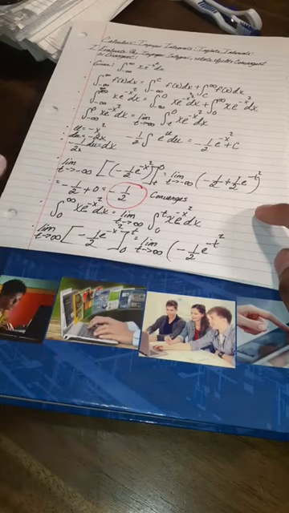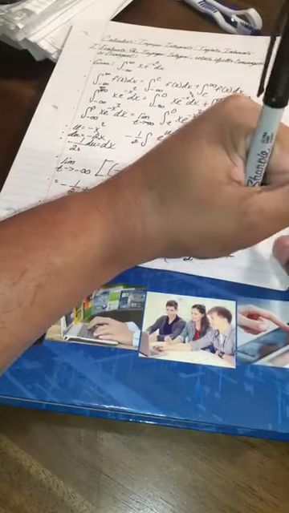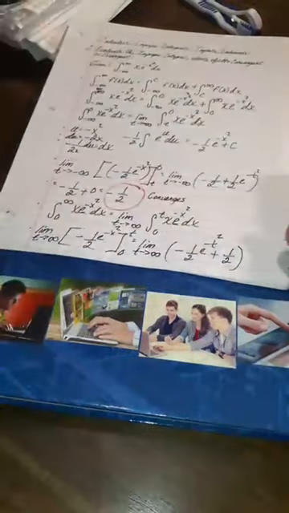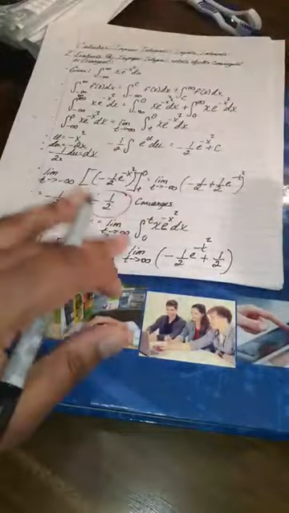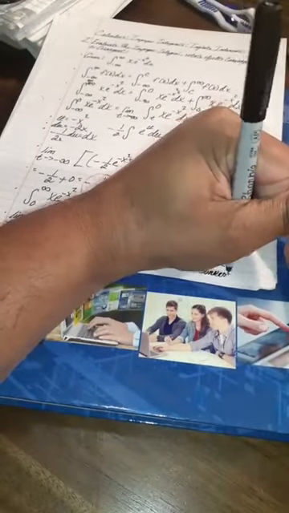Two negatives make a positive, so this becomes plus 1/2. And then we take the limit as t goes to infinity, and this just gives me 1/2. So this part also converges because the limit exists.